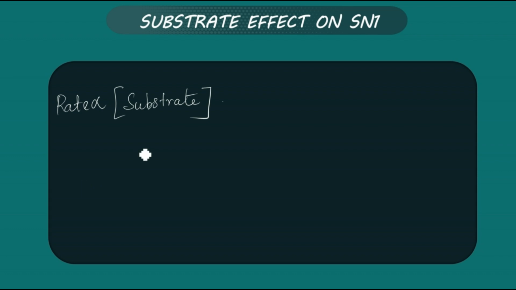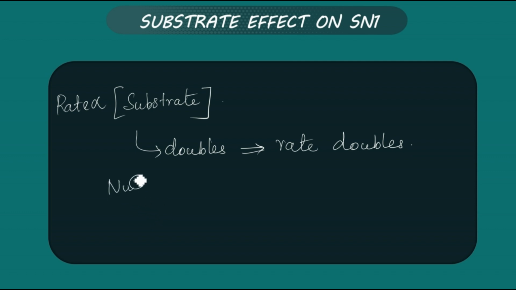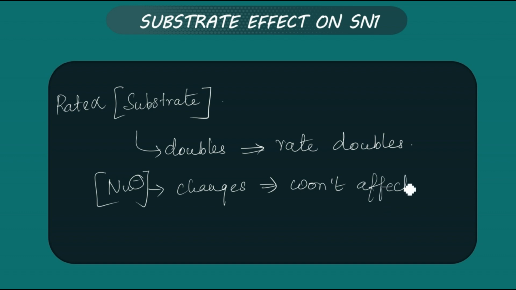So what does it mean? Let's say if I am doubling the substrate concentration, that will lead to the rate doubling. And if I am doubling the nucleophile concentration or making any changes in nucleophile concentration, then it won't affect the rate, because rate is directly proportional to substrate only.